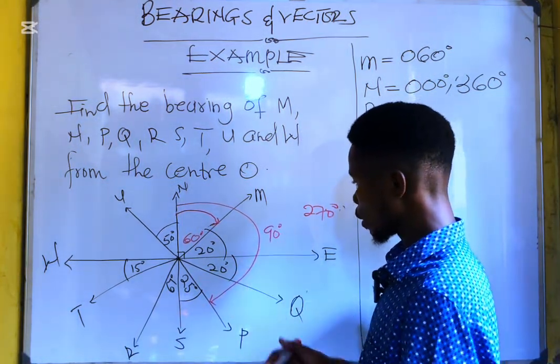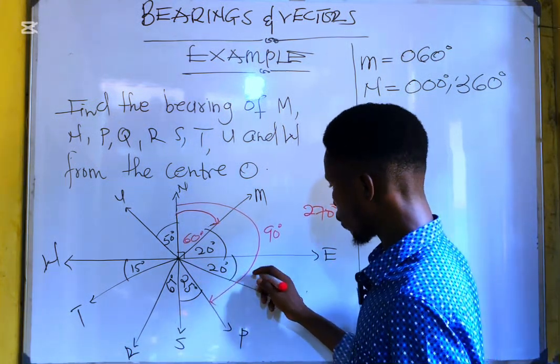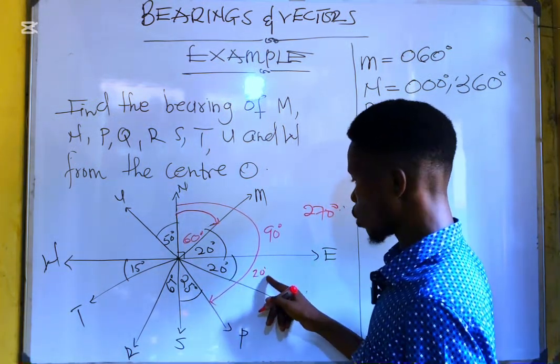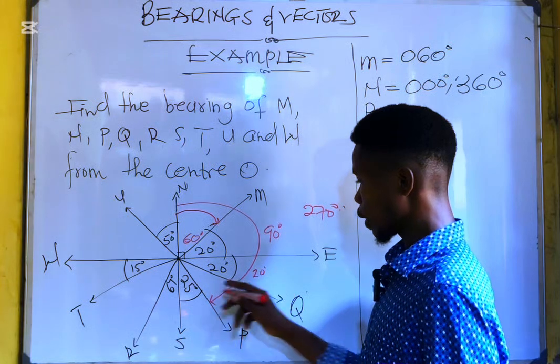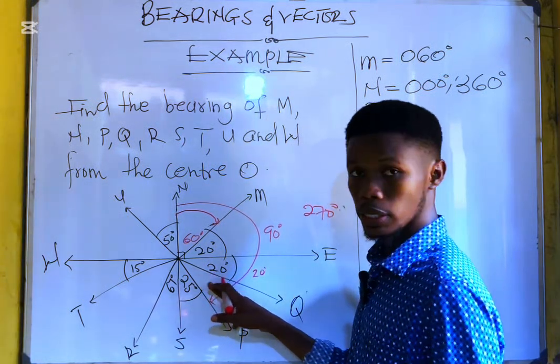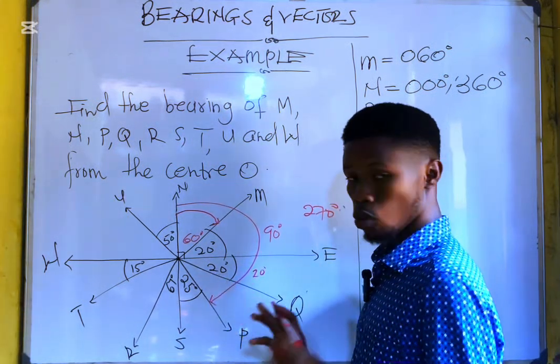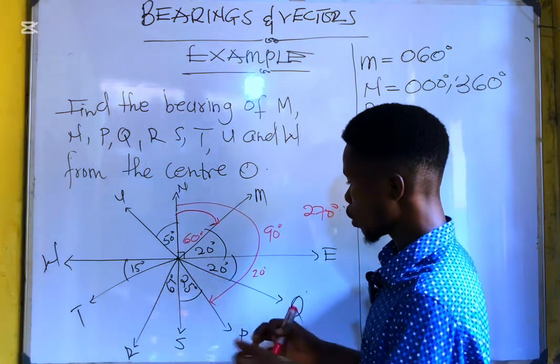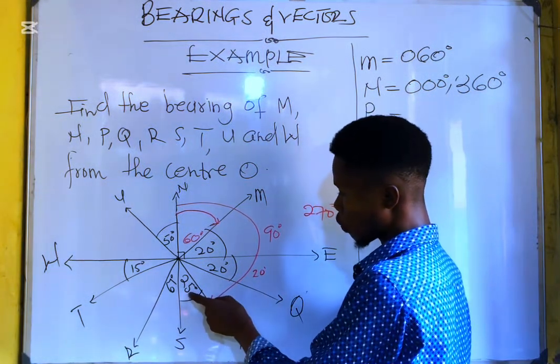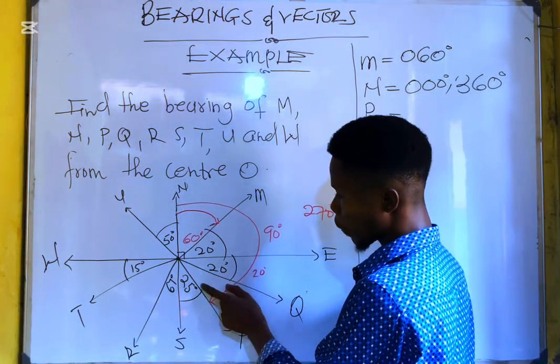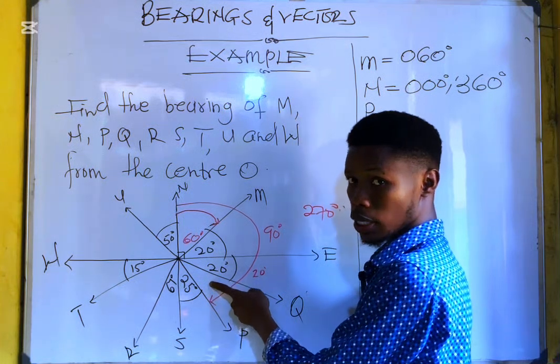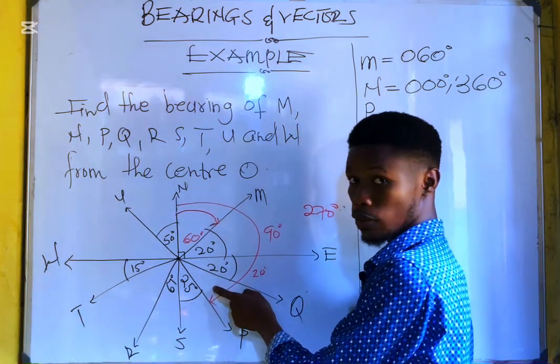So if here is 90 degrees and here is 20 degrees, when I add these two to this, that will give me 110. Now we know that this 25 plus this 20 minus this side will give us what? This minus 90 will give us this side, okay?